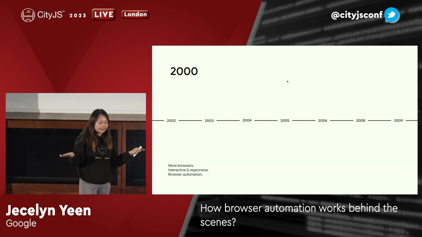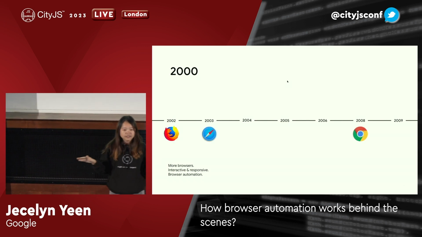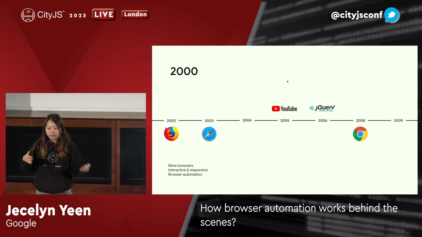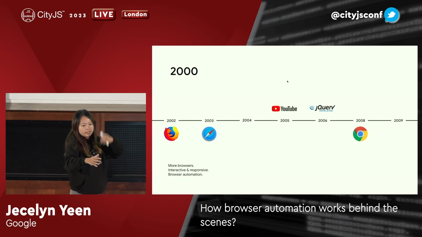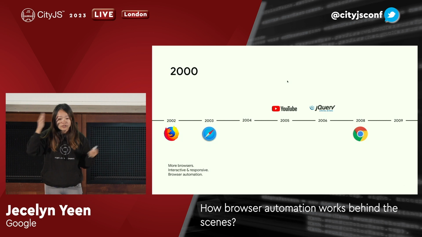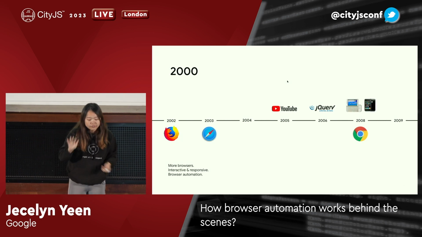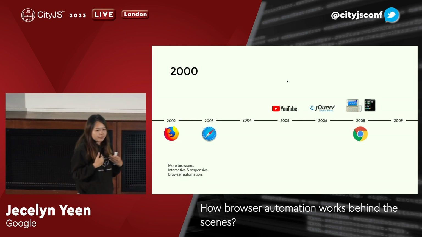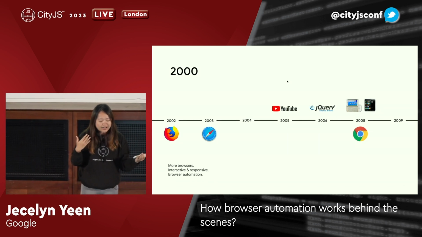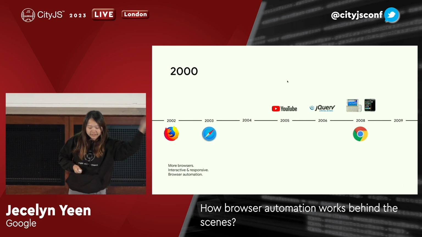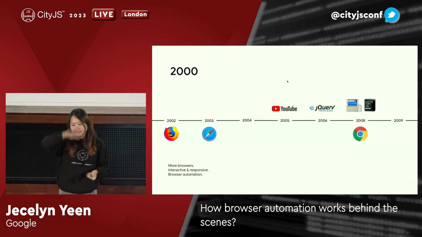And then in the 2000s, the next 10 years, we had more browsers joining the scene. And the web became more interactive. We used Web 2.0 for social media, and you had jQuery, Google Maps, YouTube, which brought really interactive experiences using JavaScript. And we had new mobile phones coming up as well. So now, as a person who develops web applications, we need to test not only for multiple browsers, where sometimes things work in one browser and don't work in another, but also on different mobile devices.